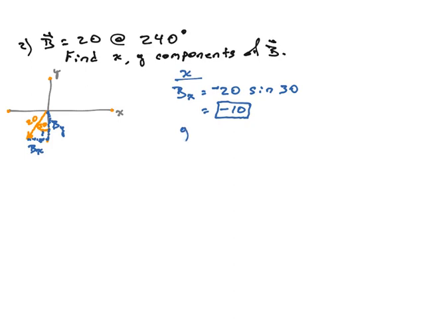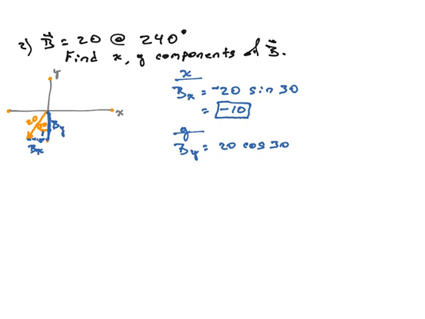I do the same for y. Y component, I look at my right triangle, the y side here, that side is next to or adjacent to the angle, and I know SOHCAHTOA says adjacent goes with cosine, so By is going to be 20, the hypotenuse, times the cosine of 30. And again, I question whether this is positive or negative.